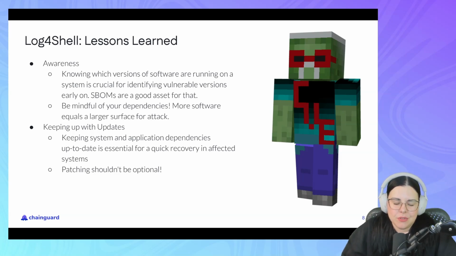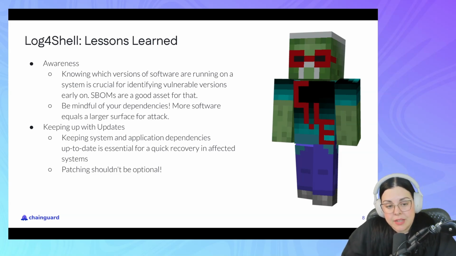You're not going to memorize all versions of software you depend on, but you need to have quick ways to verify versions. And SBOMs are a good asset for that, software bill of materials. If you are using a container image with SBOMs, then you know exactly which versions of software are running in there, for instance.